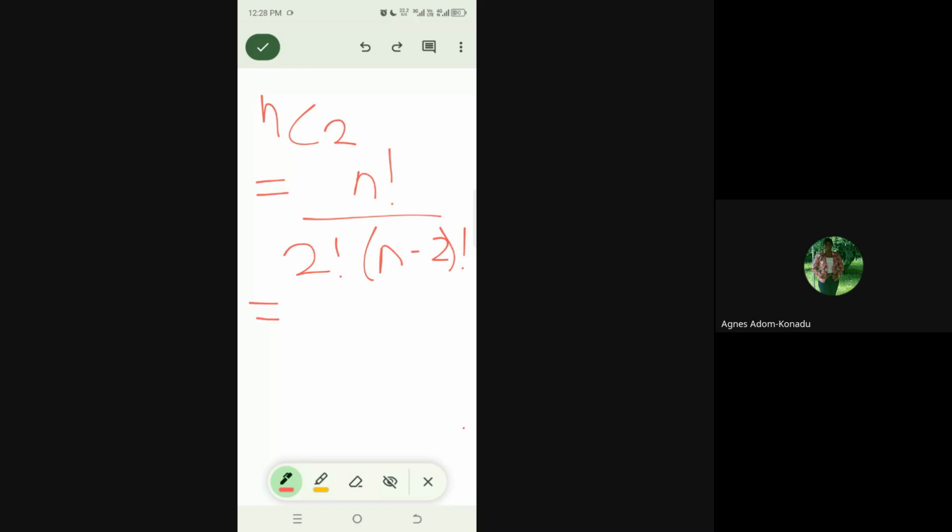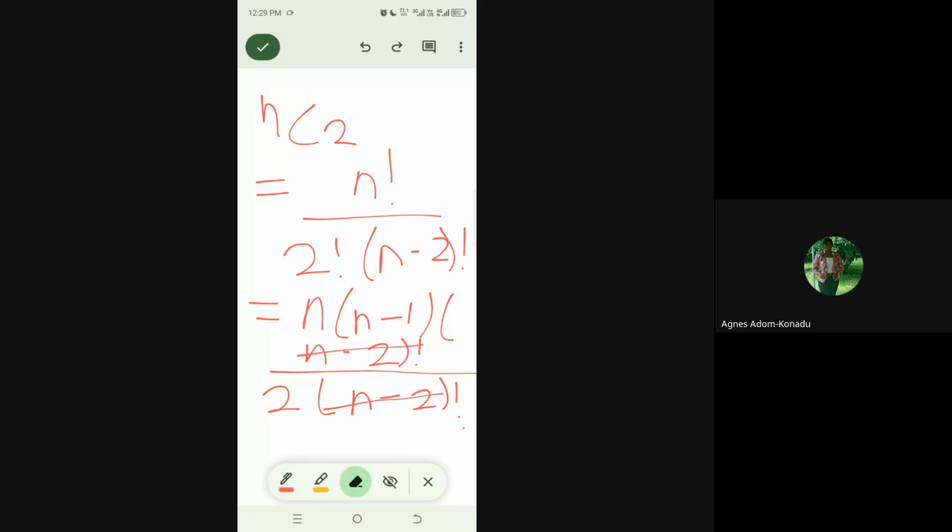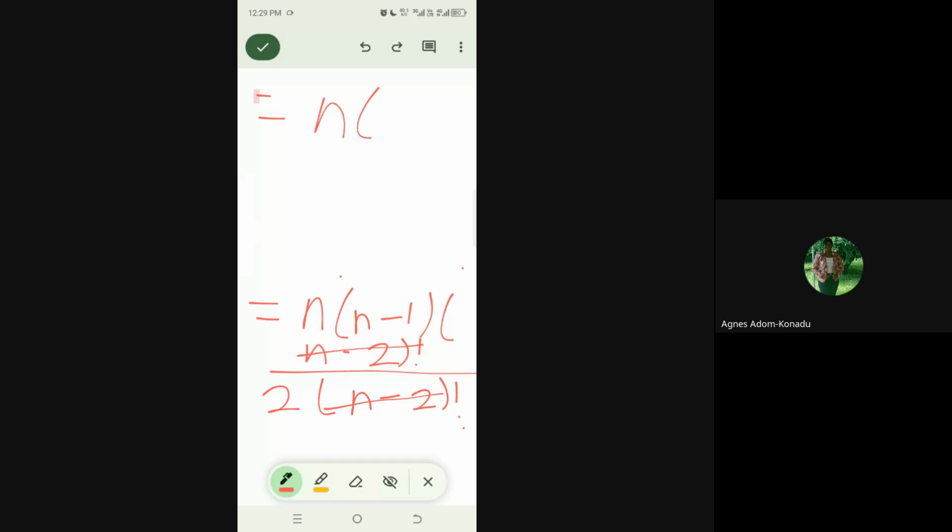The numerator we can rewrite as n times (n minus 1) times (n minus 2) factorial, all over 2 factorial, which is 2 times 1, so 2, times (n minus 2) factorial. The (n minus 2) factorial cancels, and we are left with n times (n minus 1) over 2.